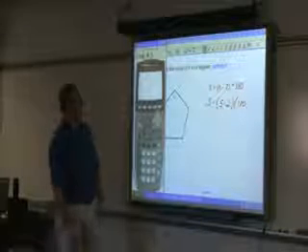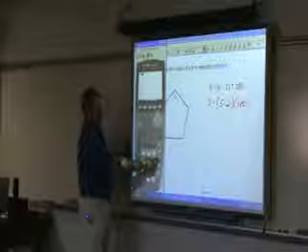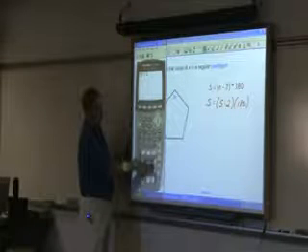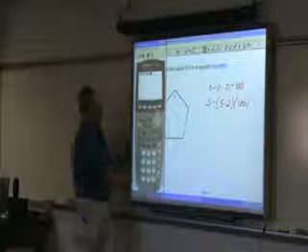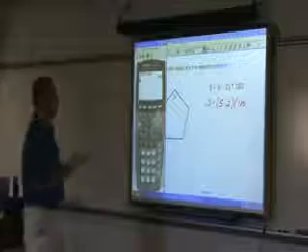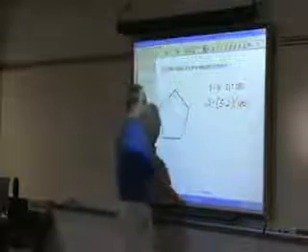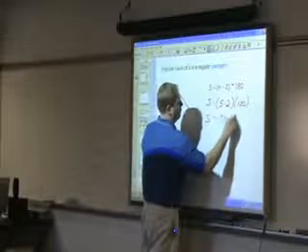By calling up the calculator here, we would type parentheses 5 minus 2 close parentheses times 180 degrees. And we see that the sum of the interior angles of any pentagon is going to be 540. So the sum is 540 degrees.